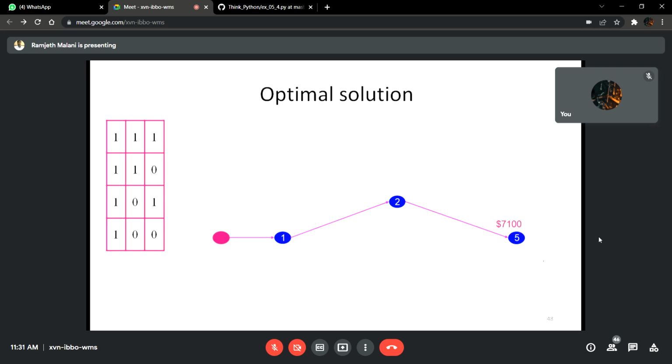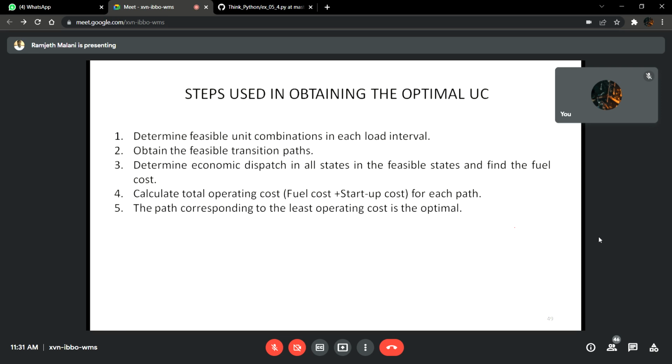So this is the optimal solution for our problem. We can go to state 1 to 2 to 5, which incurs $7,500. So to obtain the optimal unit commitment schedule, we determine the feasible unit combinations in each load interval.